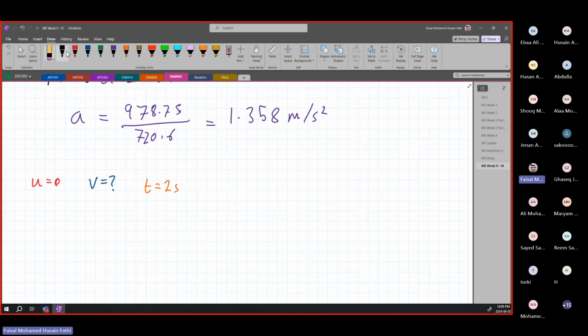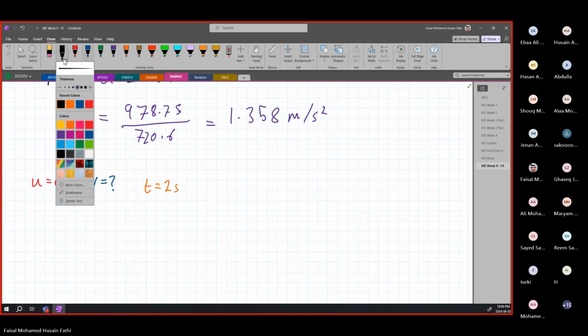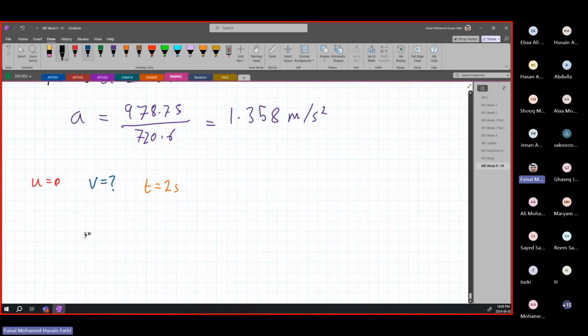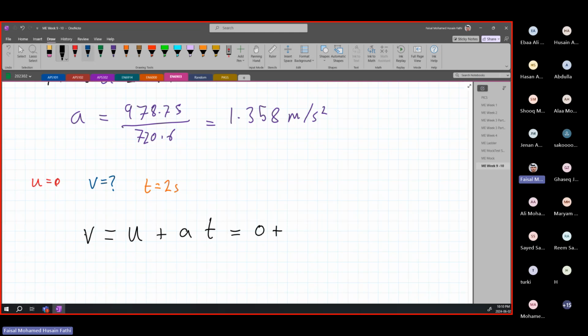So the basic equation is V is equal to U plus AT. We have our U, we have our A, we have our T, we just need to find V. So it is equal to 0 plus A, which is 1.358, times time, which is 2 seconds.